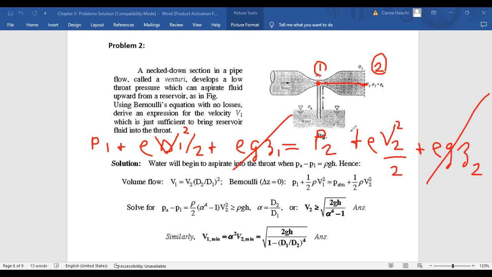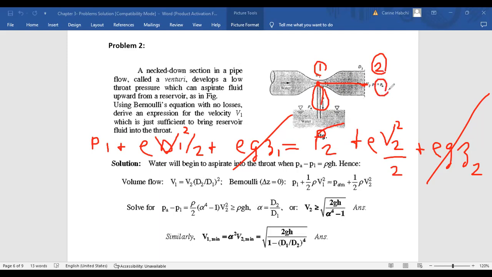We have seen that delta P minimum to have water coming up is to overcome the potential energy here, the gravitational potential energy. So delta P should be rho gh, because we have already expressed. Now pay attention here: why can we directly say that this is the same delta P? Because P2 is equal to P atmospheric, because we are discharging to the atmosphere.